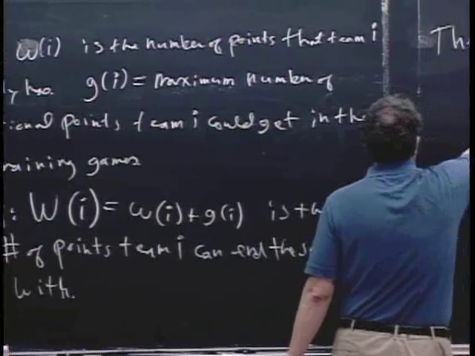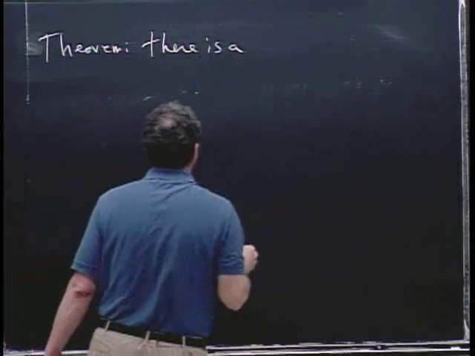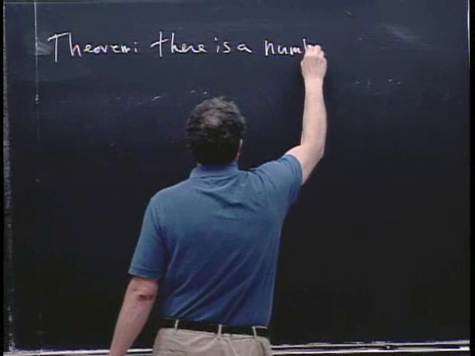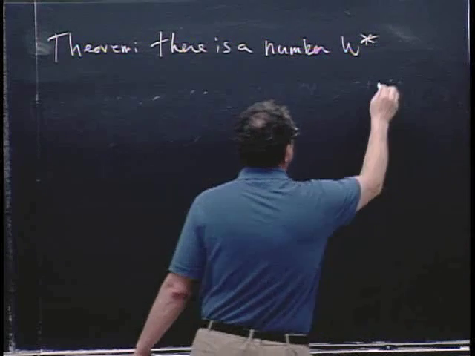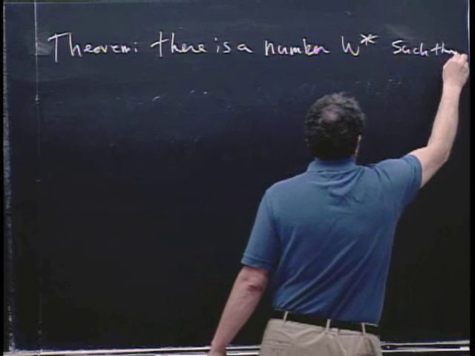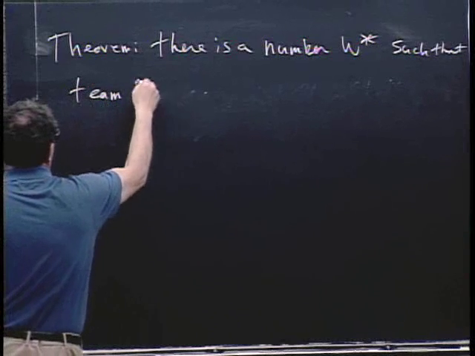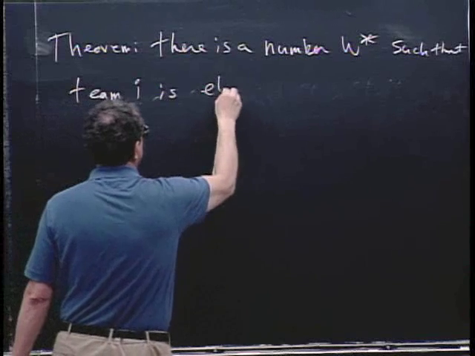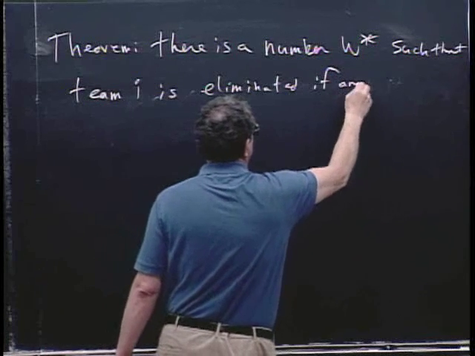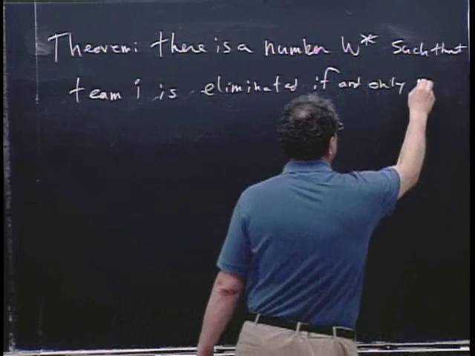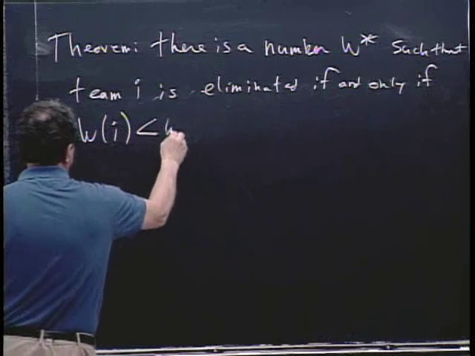Theorem: there is a number W star such that team i is eliminated if and only if W_i is strictly less than W star.